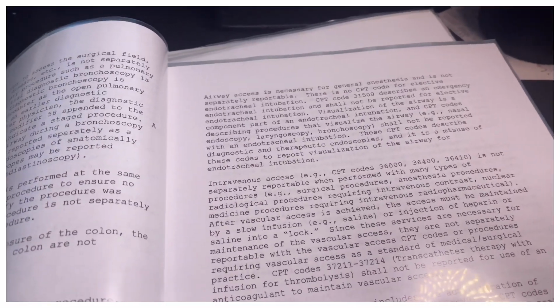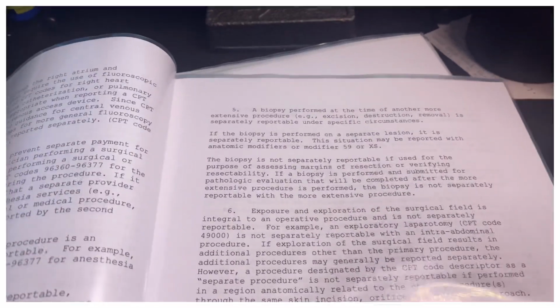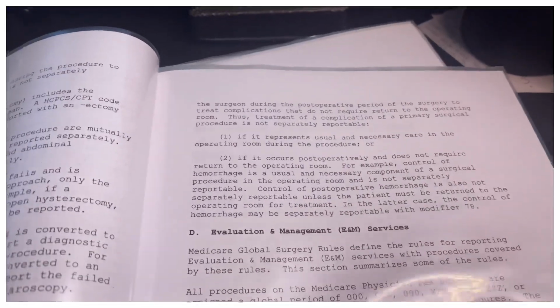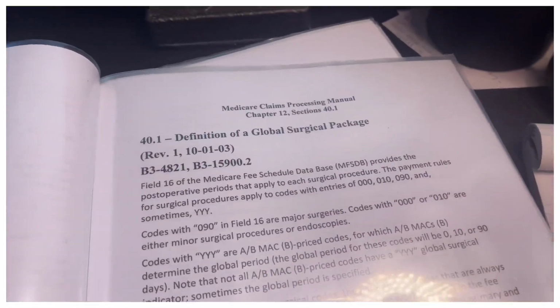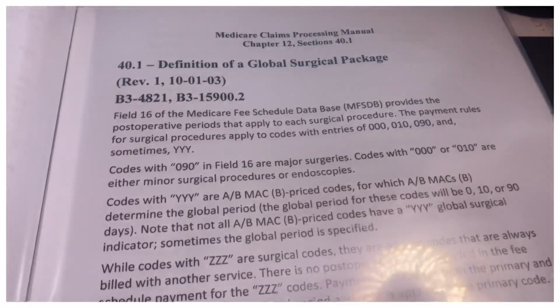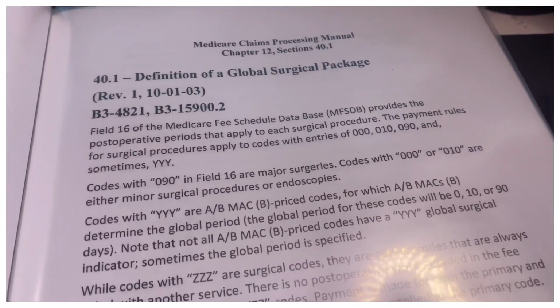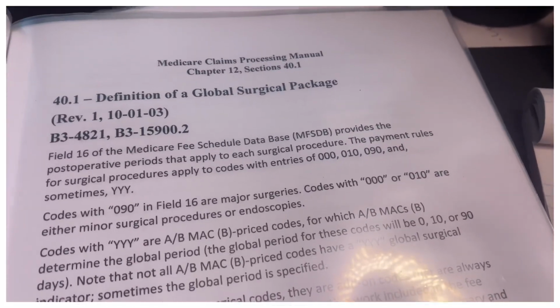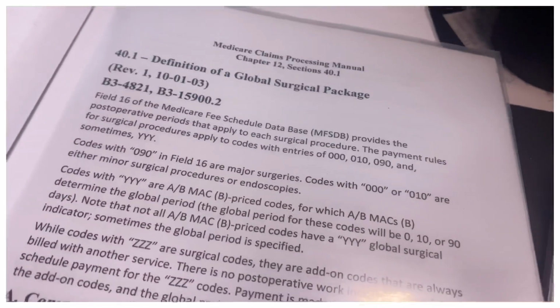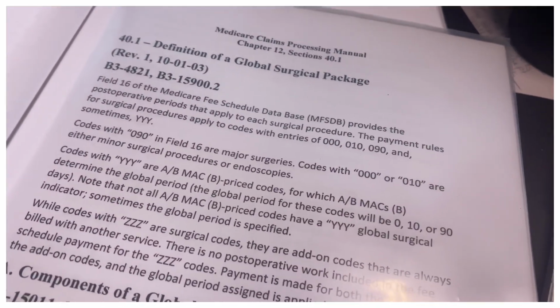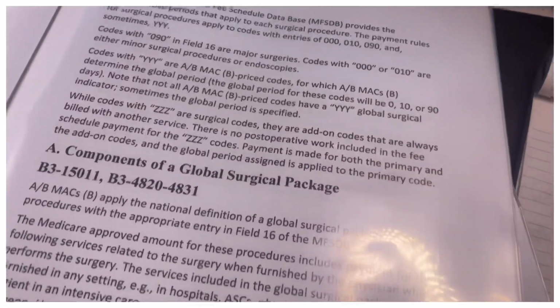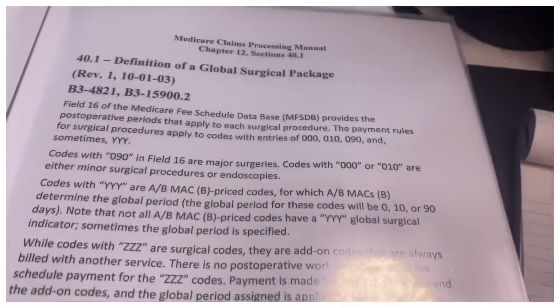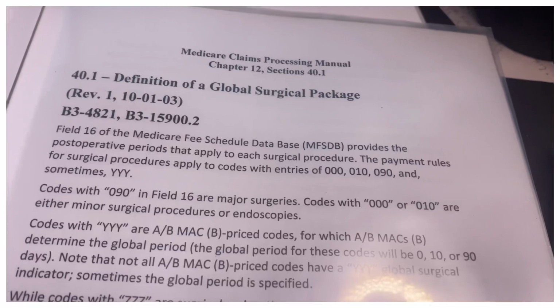I go over the global surgical package in here because I do talk about global surgeries quite often, and usually it's related to maternity, but the global surgical package information for other surgeries such as minor and major surgeries, that information you can find here. I'm pretty sure I got this from Medicare, CMS's website as well.